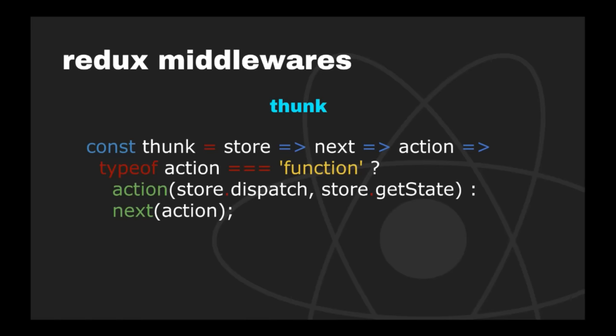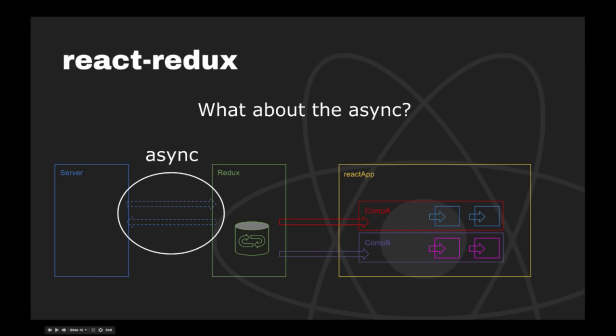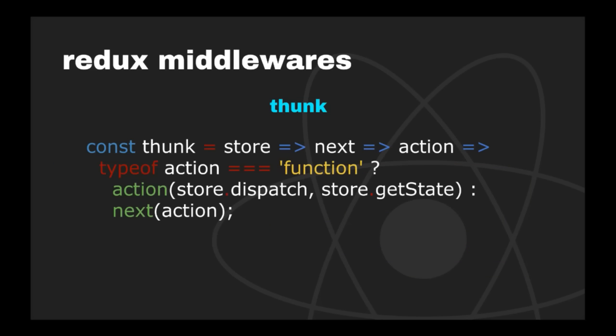Okay. So going back, how are we going to solve the asynchronous part of the server? Well, there is a special middleware that we call Thunk, which is just one line, as I was showing. In this ECMAScript 6 notation, it has the signature: a function that receives the store, which returns a function that receives next, which returns a function that receives the action, which is the actual middleware.